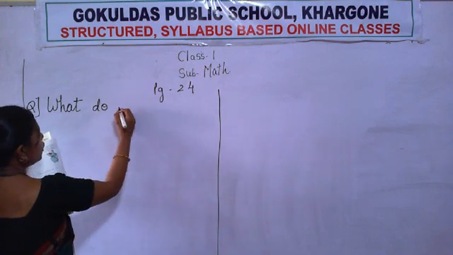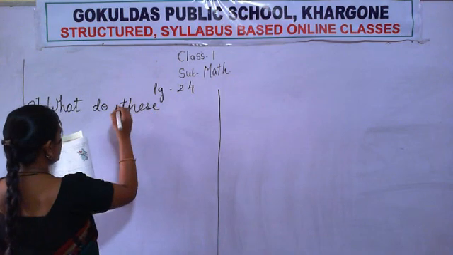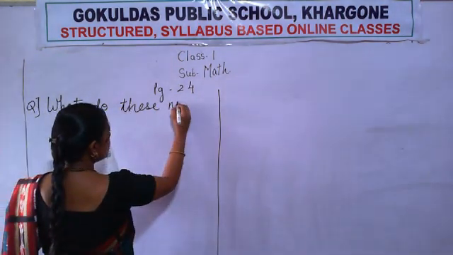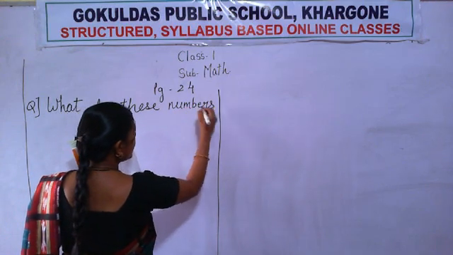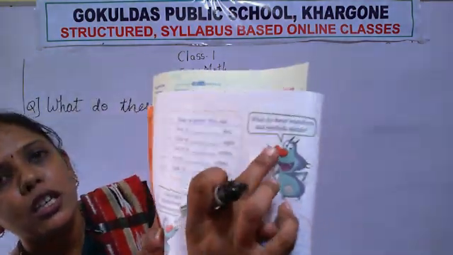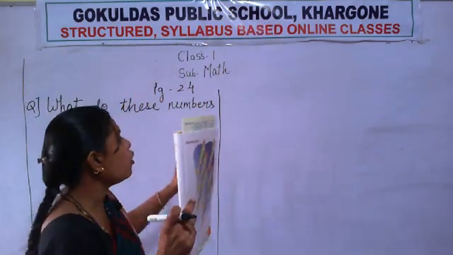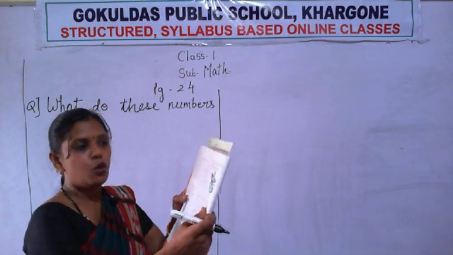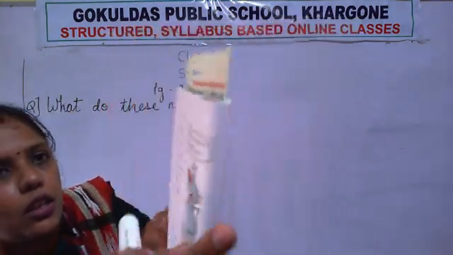D-O, do. T-H-E-S-E, these. N-U-M-B-E-R-S, numbers. This question is given in your book also. See this? This is the question that I am writing on the board. If you want, you can copy from the book also.